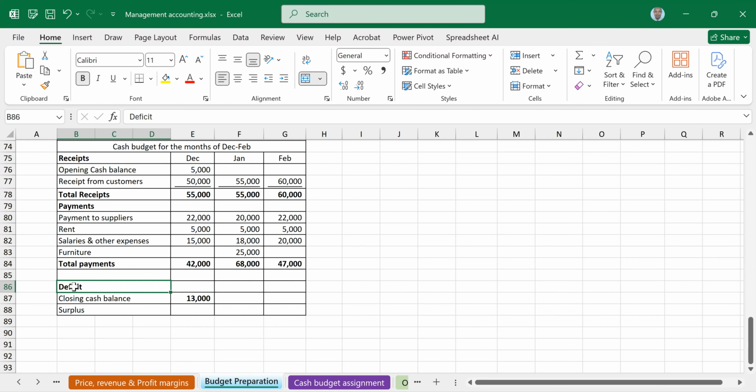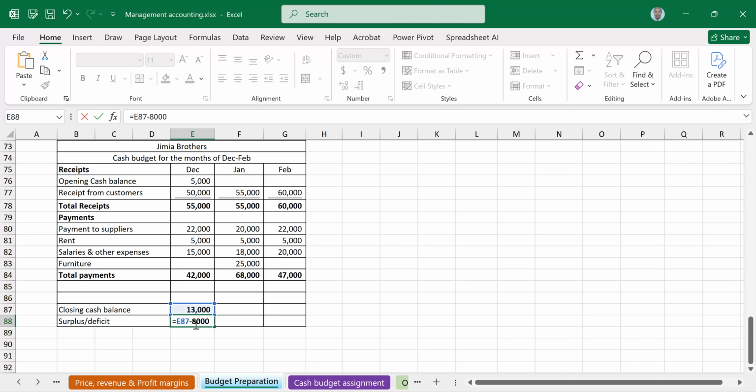Now, the closing cash balance is 13, and the target is 8. What is the surplus? Equal sign 13,000 minus 8,000. So that is 13 minus 8, and the surplus is 5.